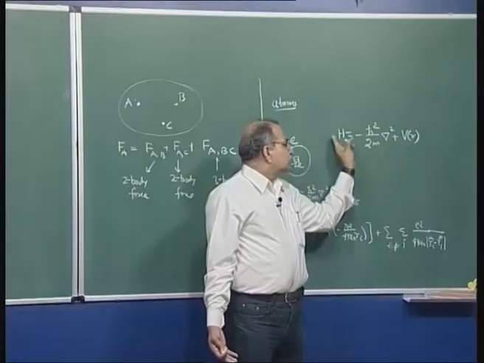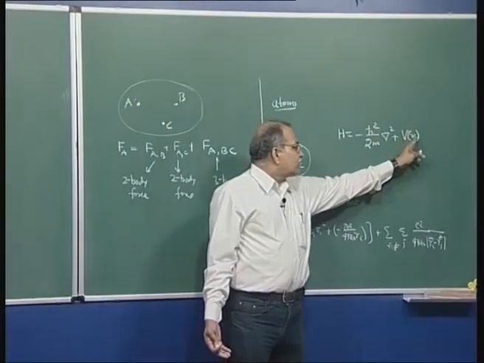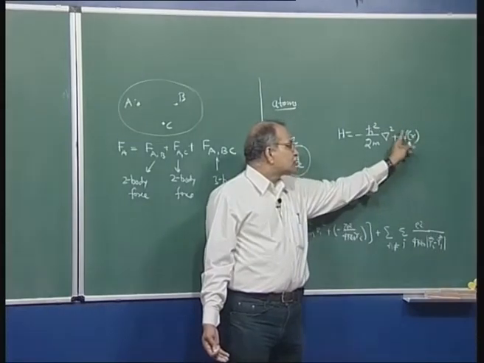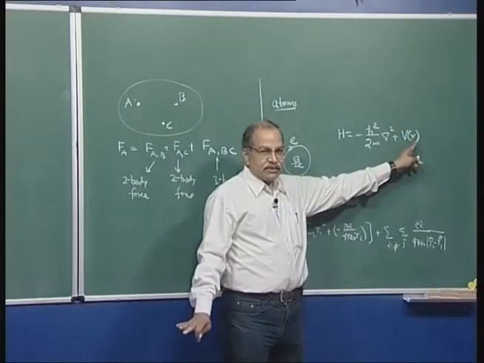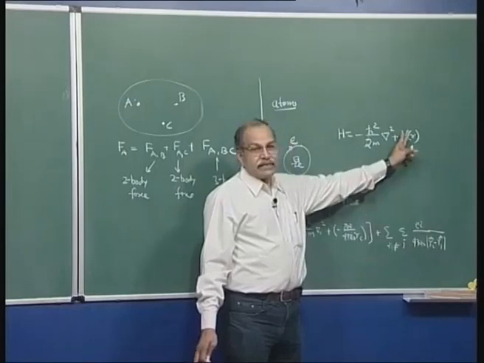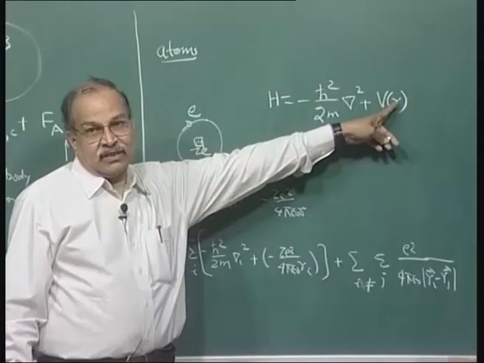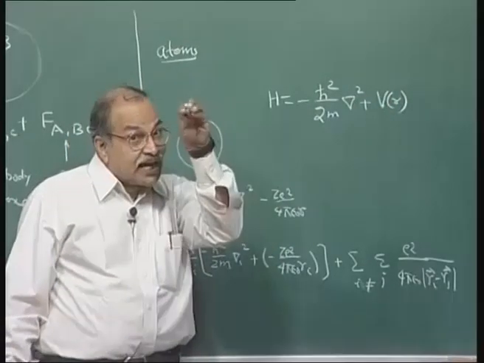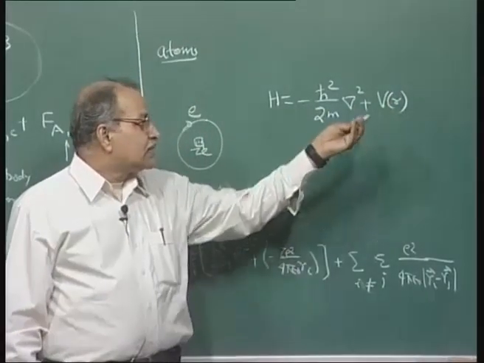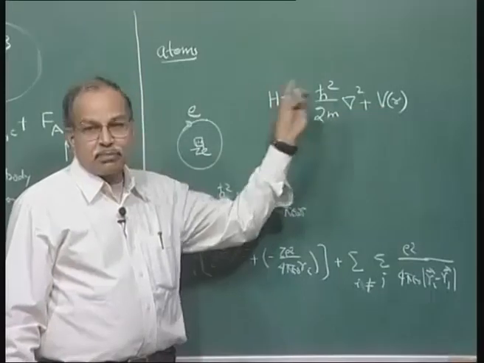What formula or expression is to be written, that is a separate story, but at the end of it, it is one single potential with one single coordinate coming in. And this one electron that I have in mind, this is called single particle potential.